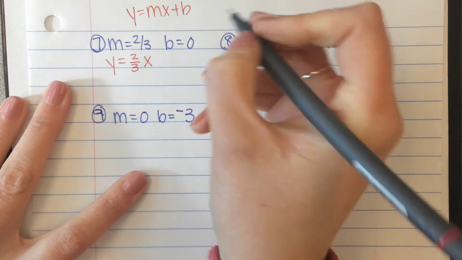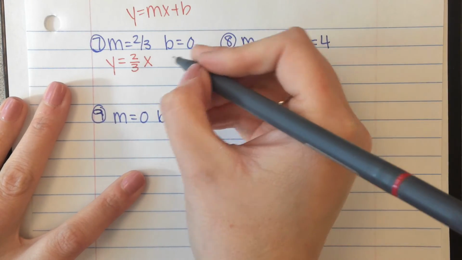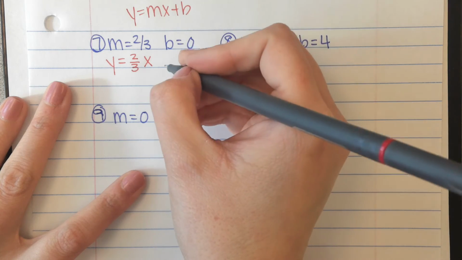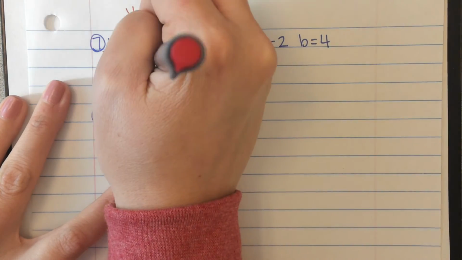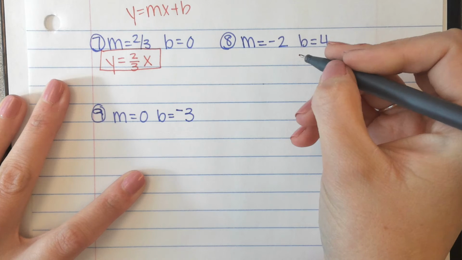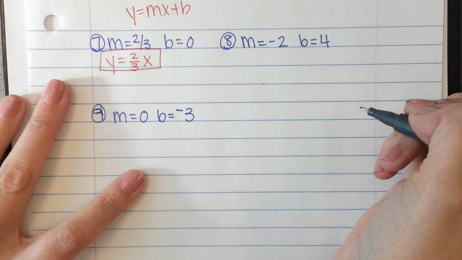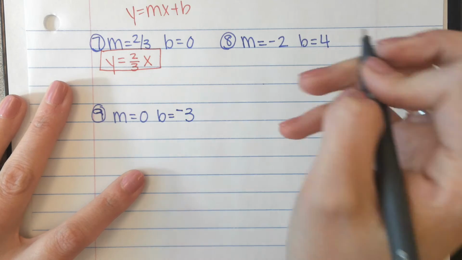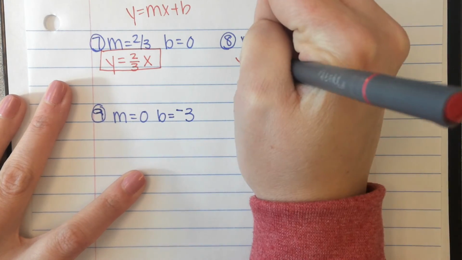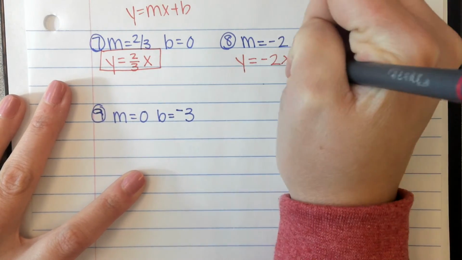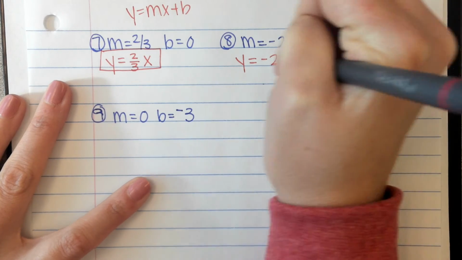We plug in x, and then what's b? 0. Do I even need to put a +0 there? No. All right. Number 8, give this one a try. All right, we have y equals -2x plus 4.